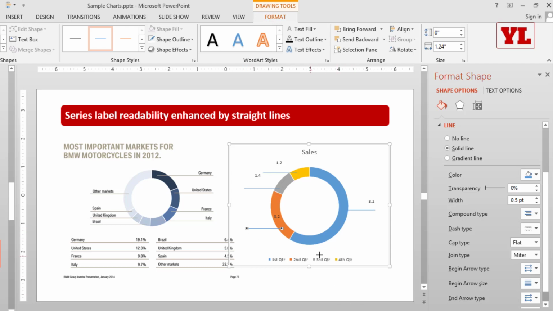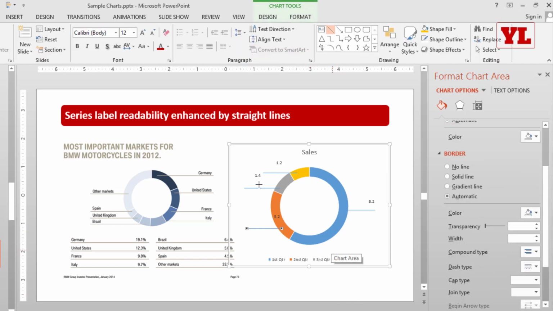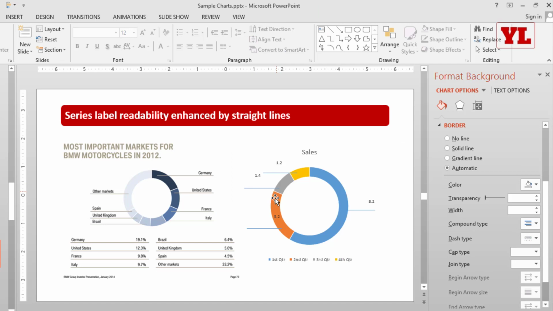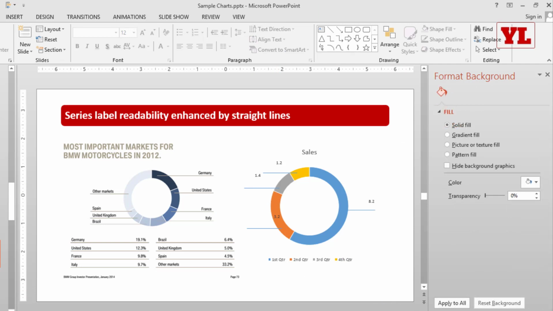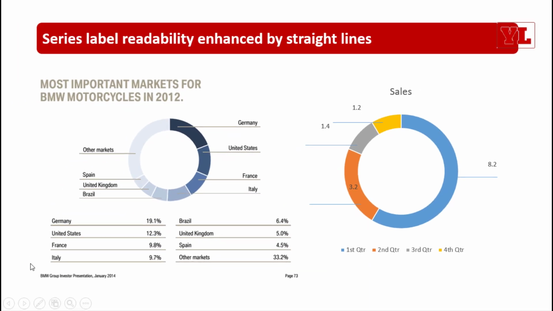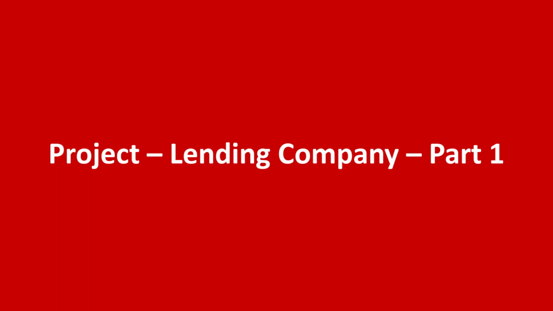So this way I'm able to draw straight lines, and that is how I will try to mimic this kind of a report, which I first saw in one of the group investor presentations from the BMW company. So do give it a try. This collection of aesthetic tricks will help make your chart look a lot better than it is now.